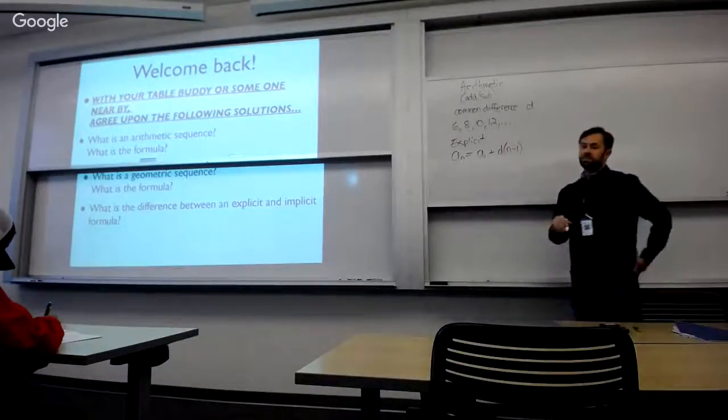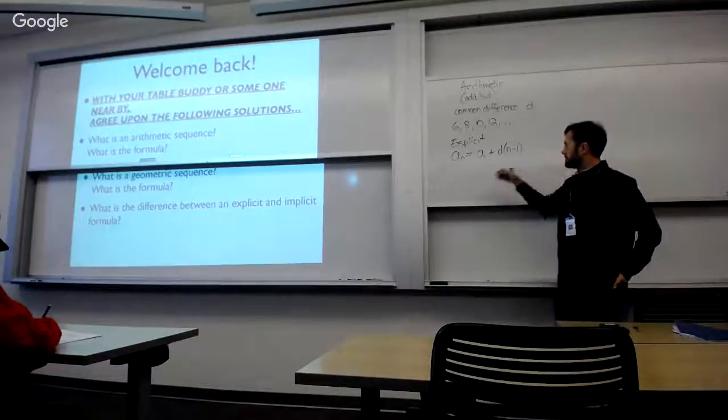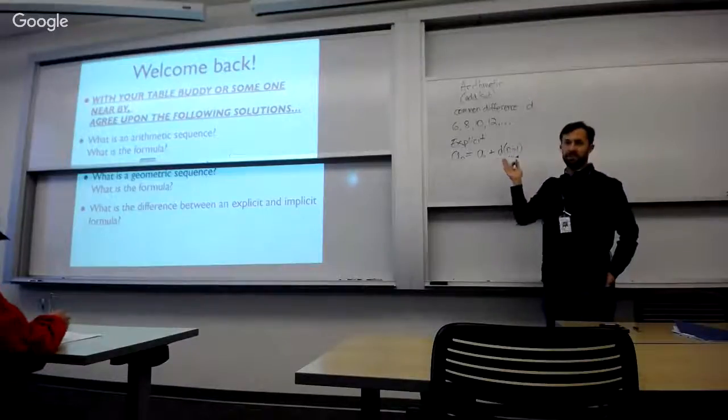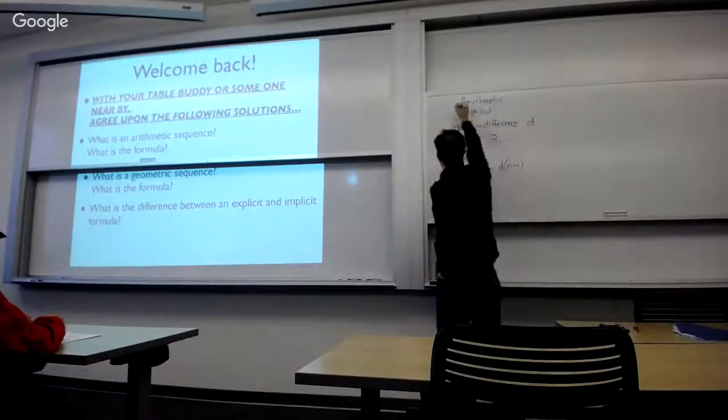So that's your explicit formula to completely determine the whole sequence. If you want the 100th term, just plug in 100 for n, and you can calculate the 100th term in the arithmetic sequence. So that's arithmetic.